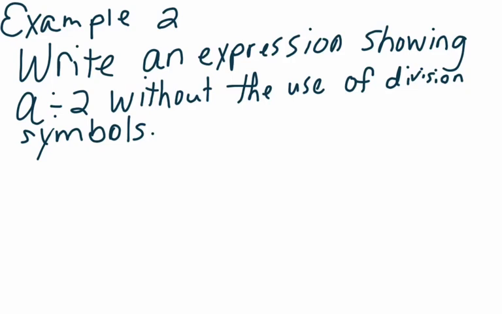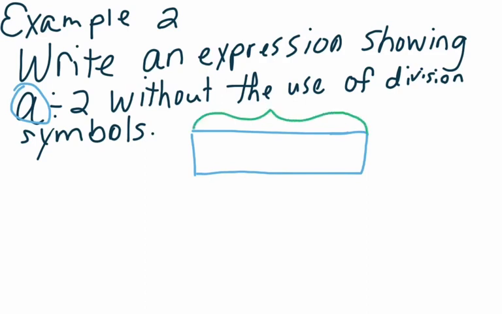Okay, so if we were to draw the same model we just did, we can draw one whole part, and the whole part is going to equal your dividend, which I just circled, which is A. So this whole part right here is equal to a, and we want to divide by 2. Okay, this is our divisor.